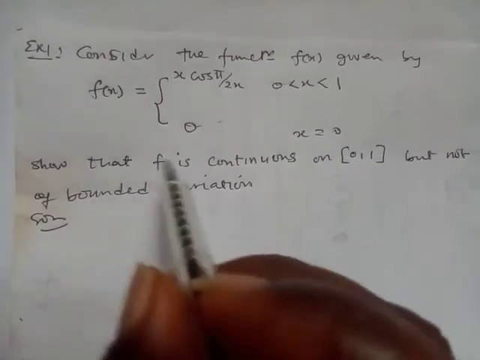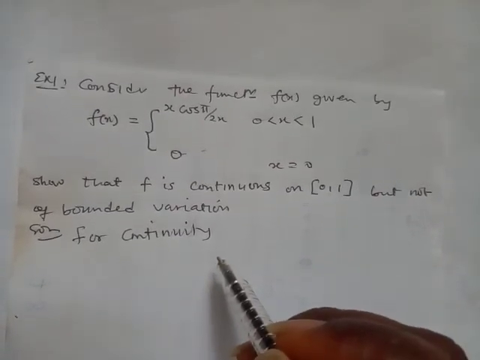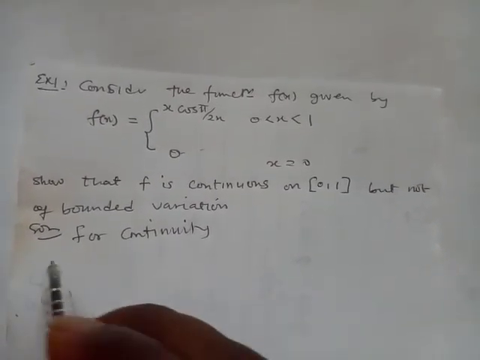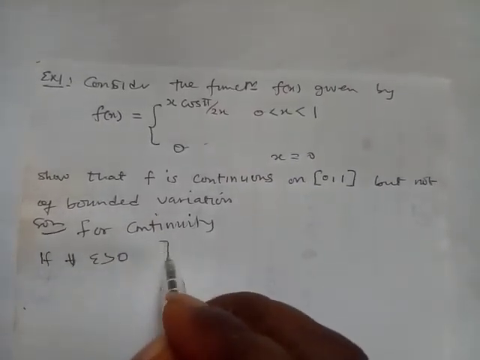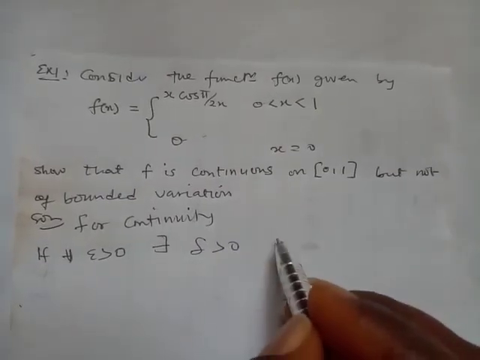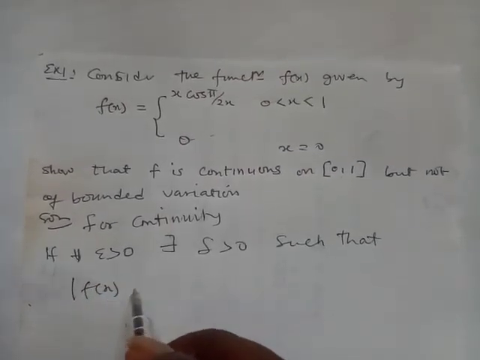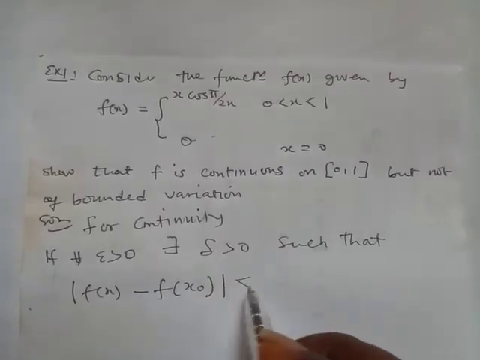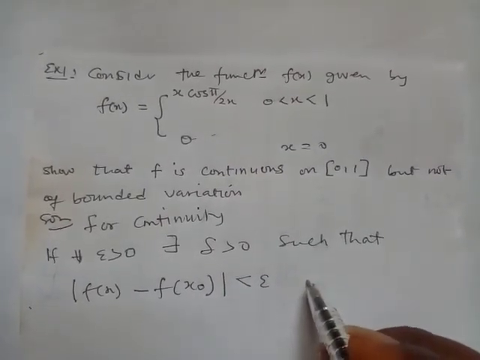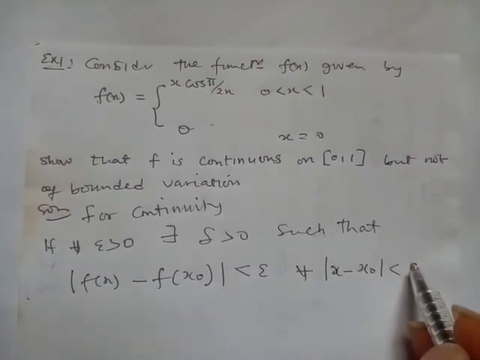Now we start with the continuity. For the continuity, we make use of the definition of a continuous function. So we start by saying that for every epsilon greater than 0, there exists delta greater than 0 such that the absolute value of f of x minus f of s naught is less than epsilon for all x minus s naught less than delta.